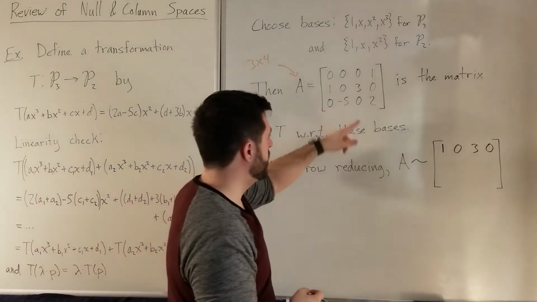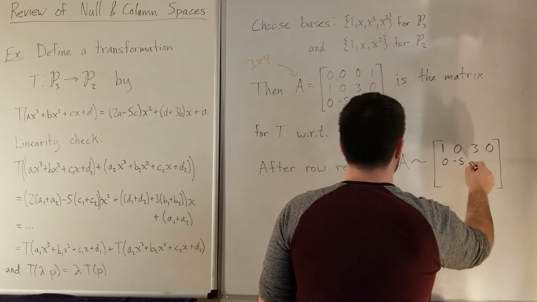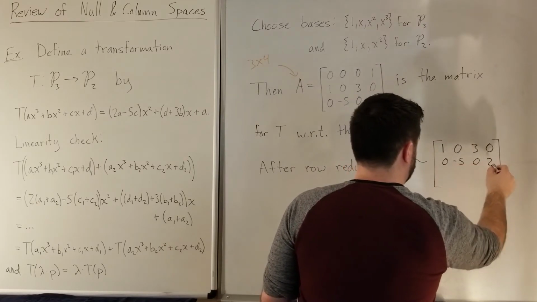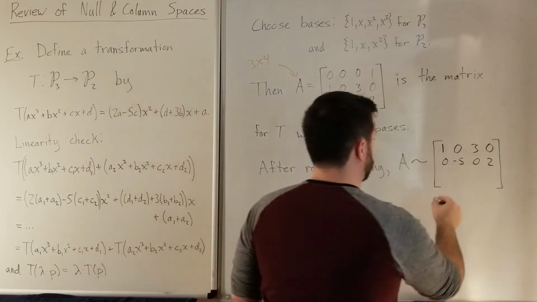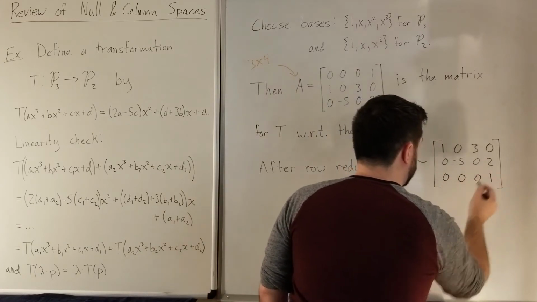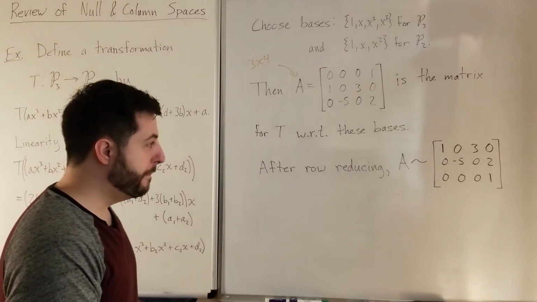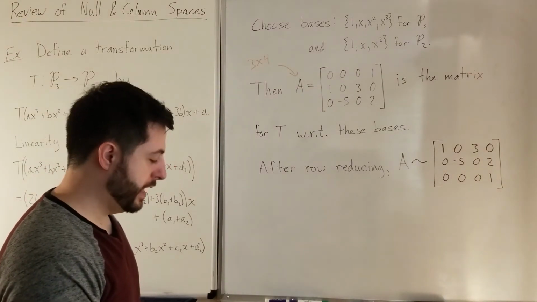Okay, and now I'm going to write the third row. And finally, the previous first row. All right, this is not reduced row echelon form, but we don't actually care about that.